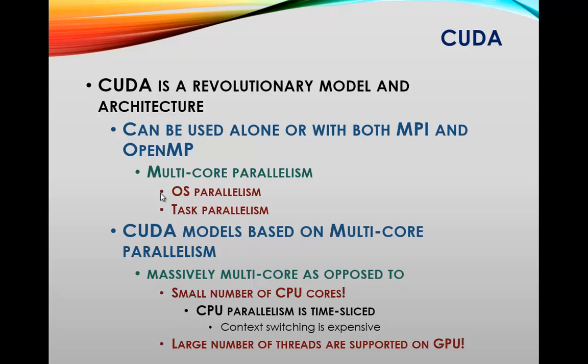Quad and dual core processing units have been out there for a while. Now we're looking at even 8, 16, and 32 cores on a CPU. So this will become very much the norm in the very near future of our technology and computing architectures.